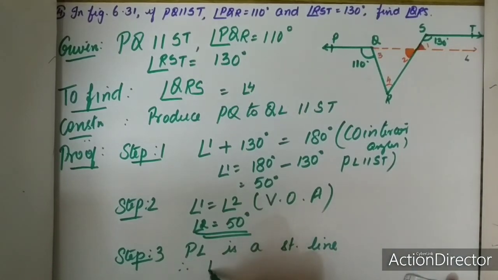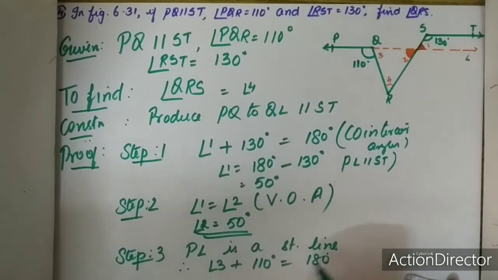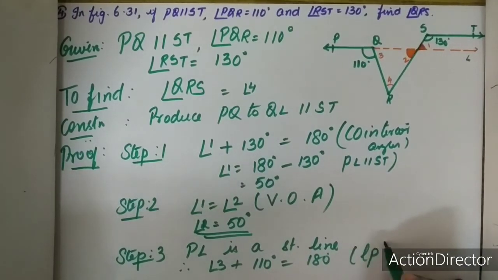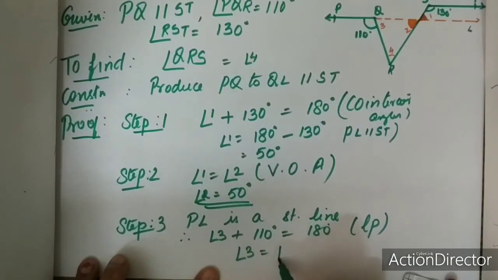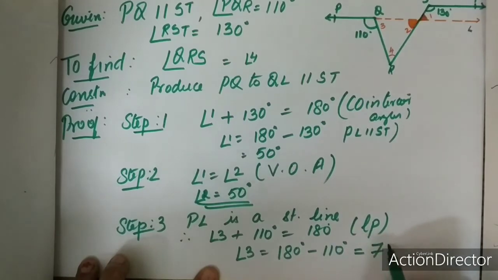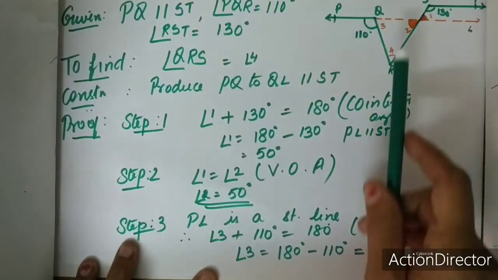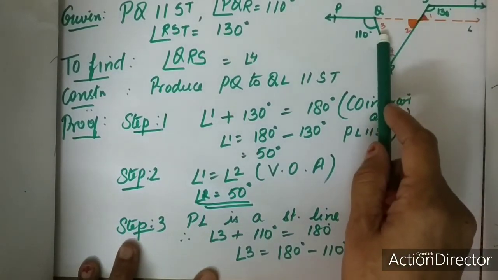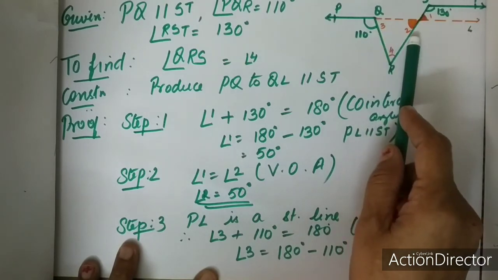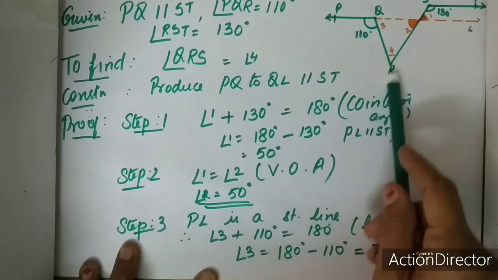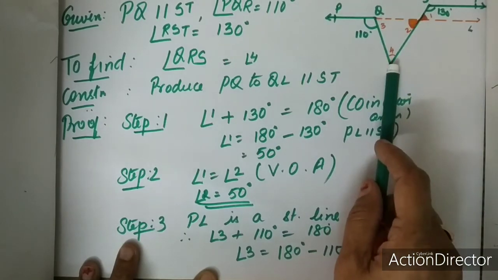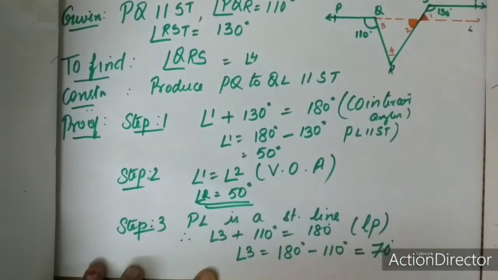Therefore angle 3 plus 110 is equal to 180 degree, bracket linear pair, or angle 3 is equal to 180 degree minus 110 degree, that is equal to 70 degree. Now if you are going to observe this triangle, you know angle 3, you know angle 2. I can very easily find this angle QRS by angle sum property of a triangle.